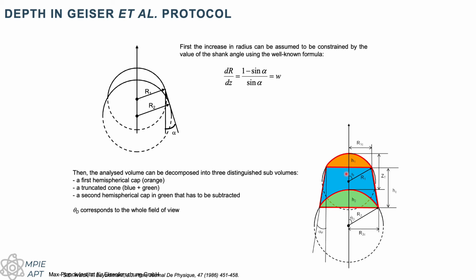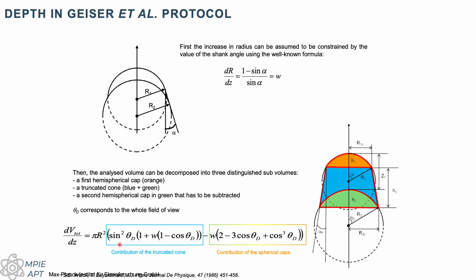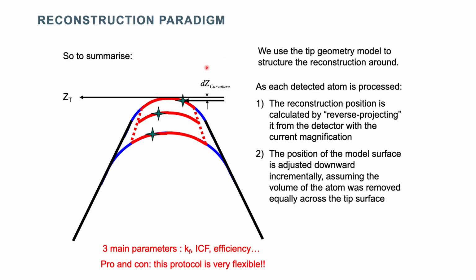So we can get slightly better reconstructions by assuming the different contributions of the caps and of the truncated cone. But to do this properly, you need to have a value of this shank angle, which we don't really always know, especially because it might not be the one that we image easily with electron microscopy. But anyway, this works quite okay. We can still do some fairly good reconstructions, but it's very, very simple.